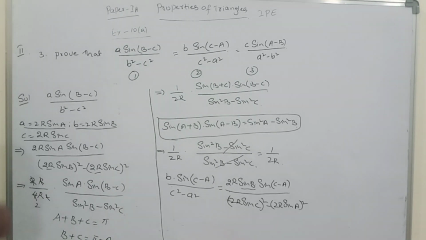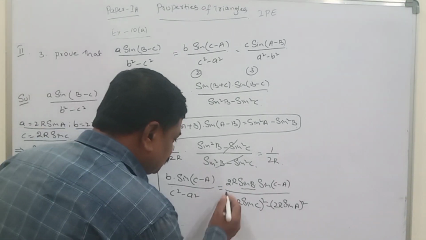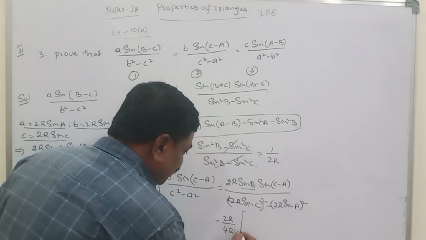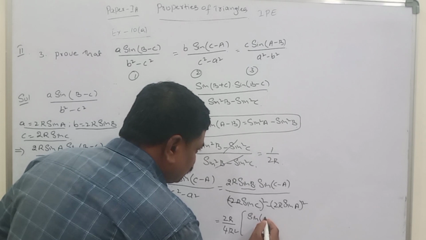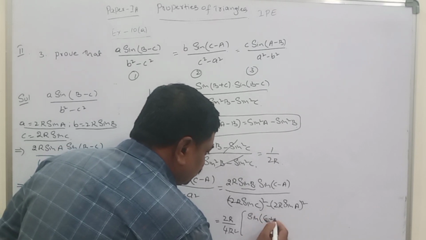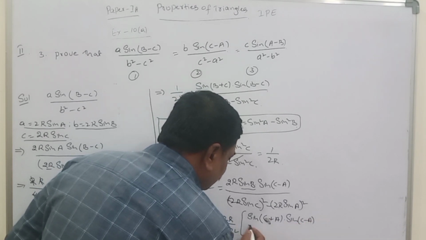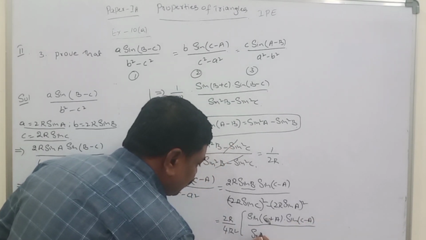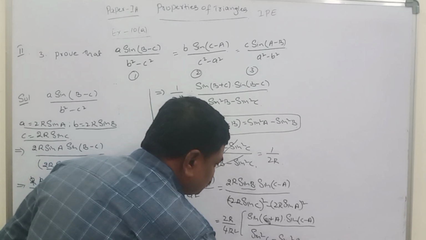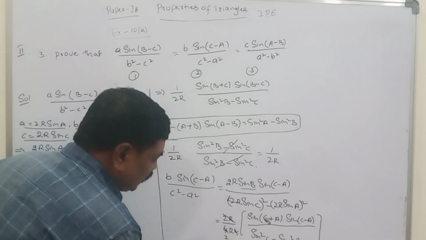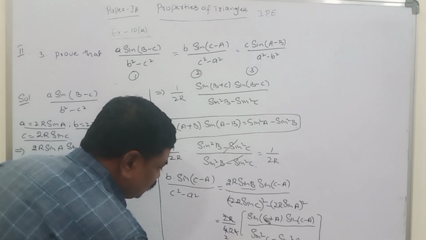Similarly, here you write: what is sine B? Sine B is equal to sine of (A plus C). You have to substitute here. This is 2r by 4r square is there, and sine of (C plus A) into sine of (C minus A) by denominator sine square C minus sine square A. So here 2r cancels, 1 by 2r into.